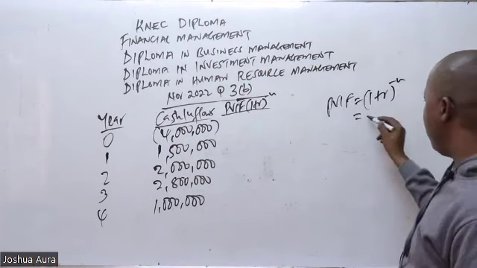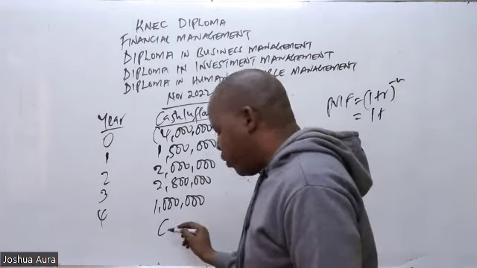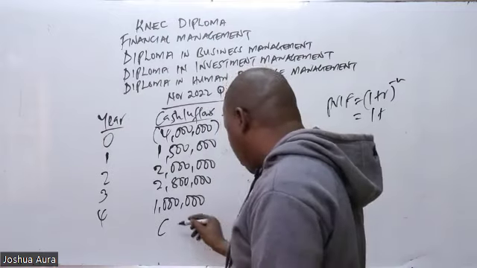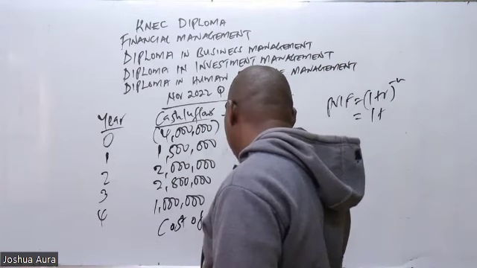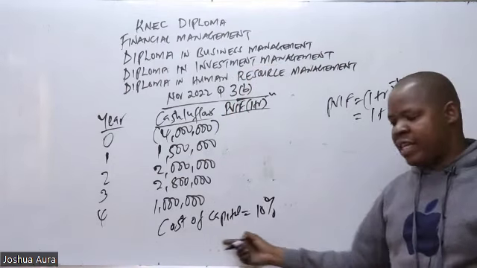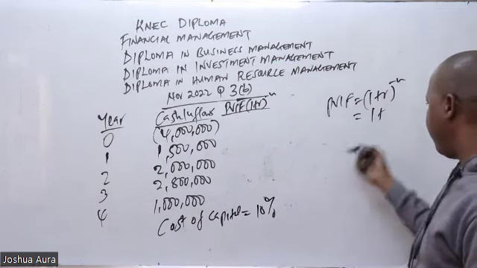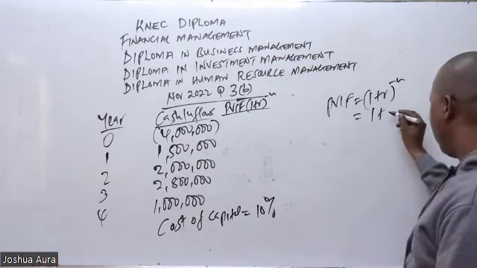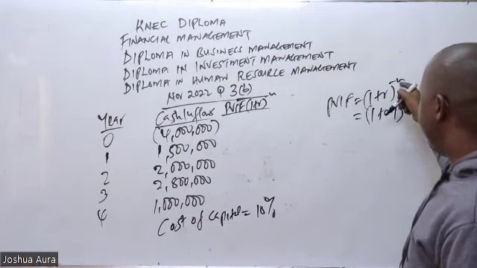We have been given the cost of capital as 10% from the question. So this is our rate of return, this is our R. So it will be 0.1, raised to negative n.